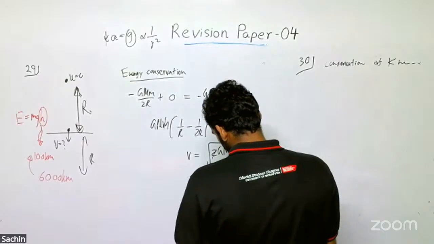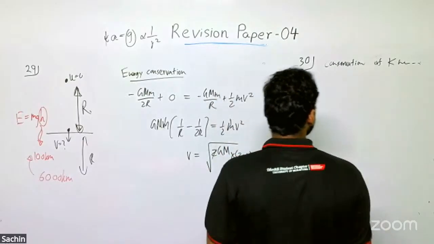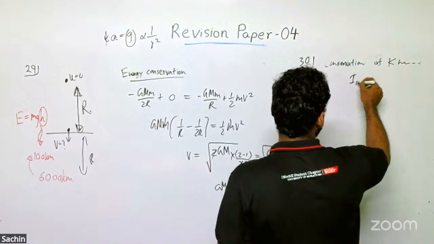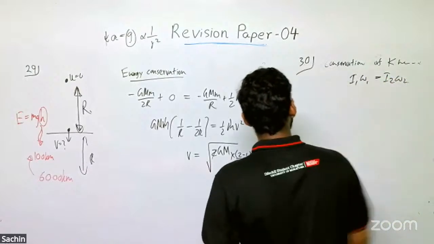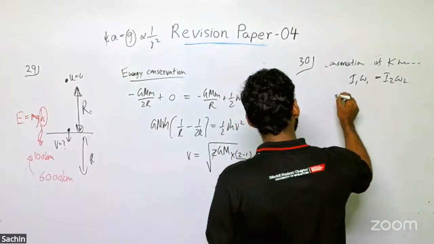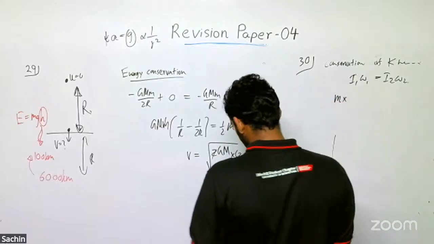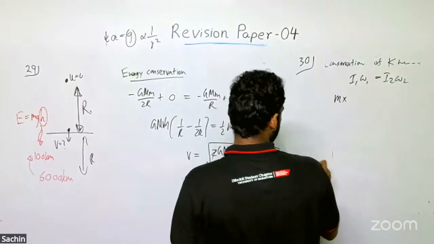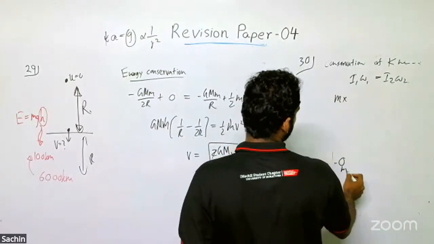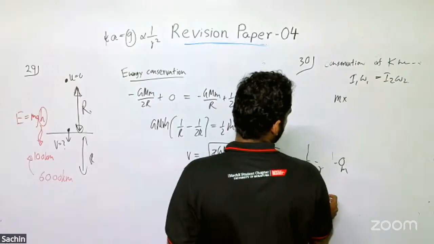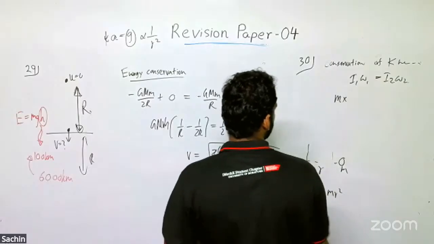So if there is no external torque, the initial angular momentum should be equal to the final angular momentum. So I1, the initial inertia, if the mass is m, you can assume this as a point object. If a point object is at an r distance from an axis, the I is given by m r squared, right?